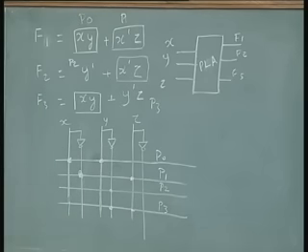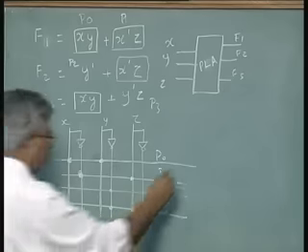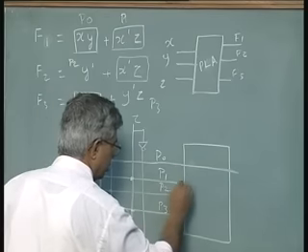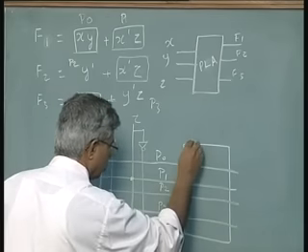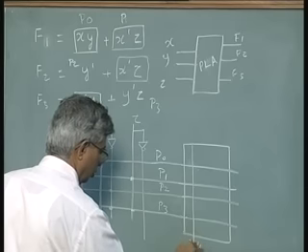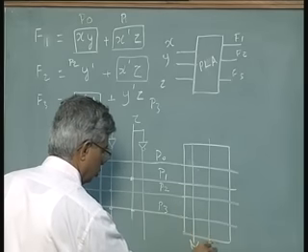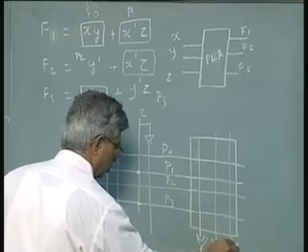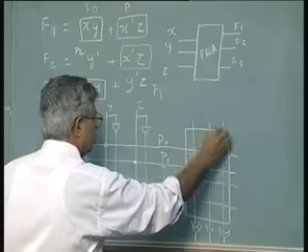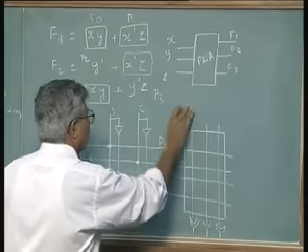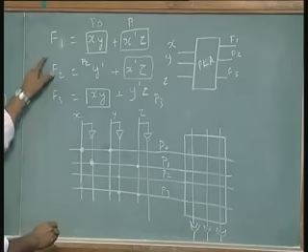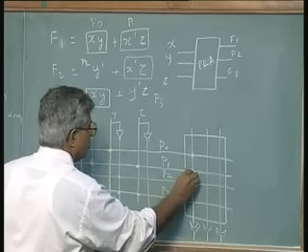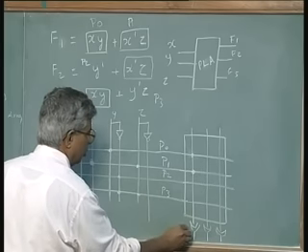So 4 product terms P0, P1, P2, P3 feeding into 3 OR gates. First, F1 is P0 or P1, this is my F1.